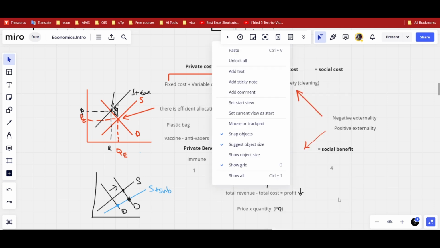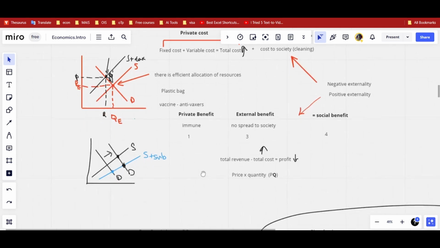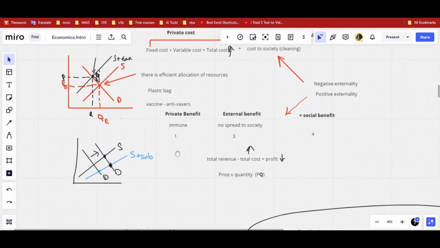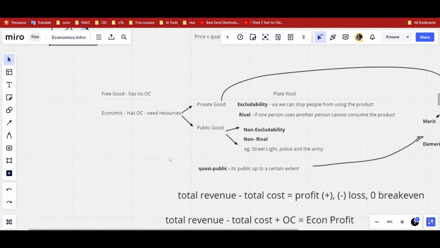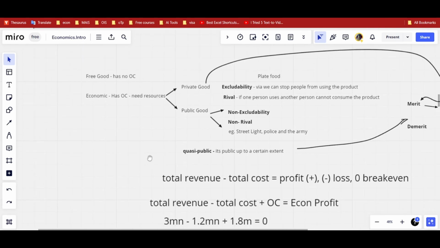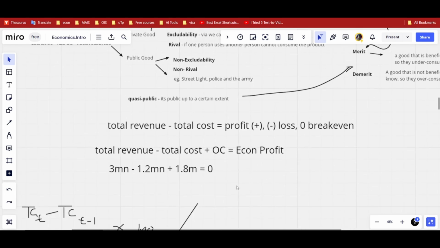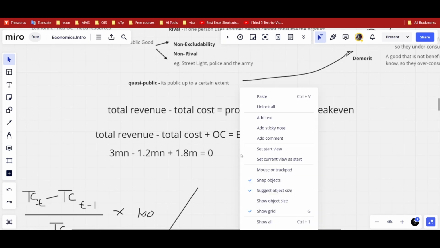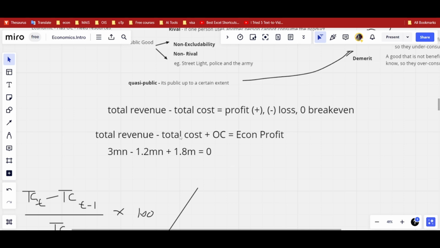This is the externality one. Right here. Basically, this is what we're saying, right?